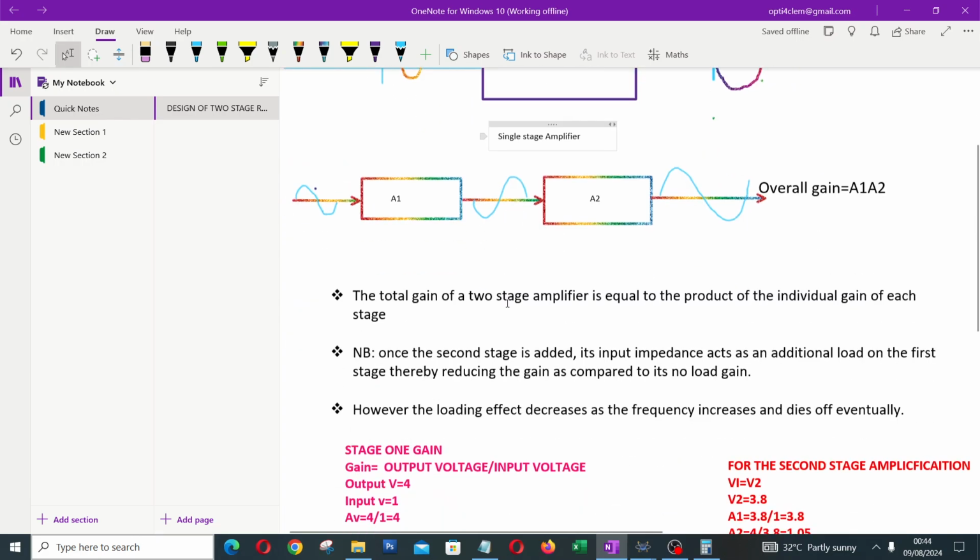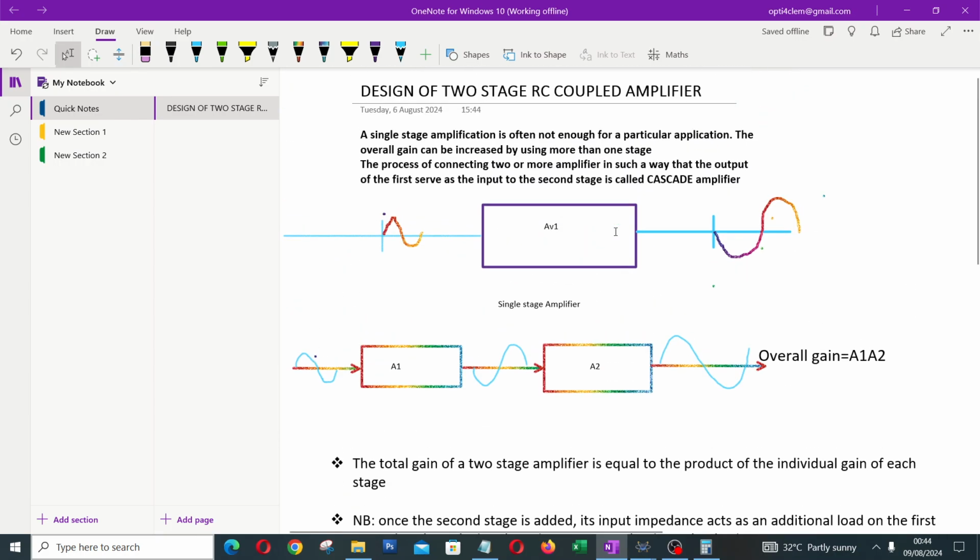Now, the point to note in this two-stage amplification is, number one, the total gain of a two-stage amplifier is equal to the product of the individual gain of each stage. The total gain of the two amplifiers is the multiplication of each gain.